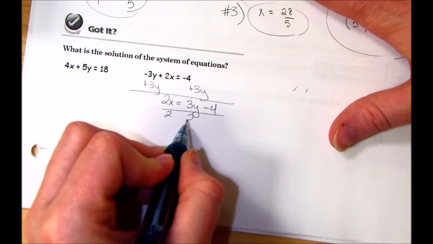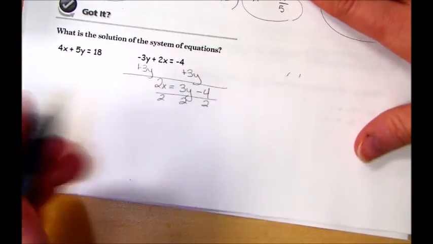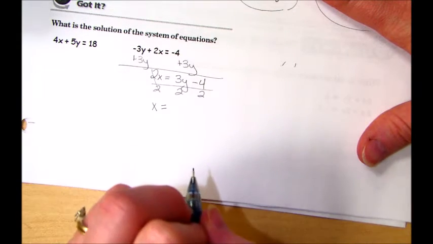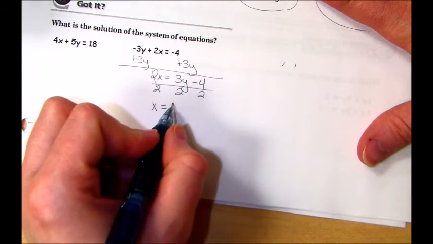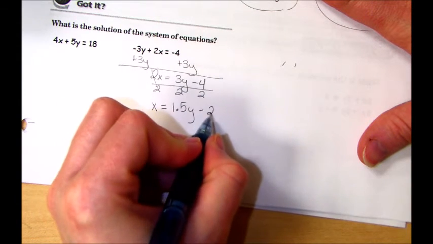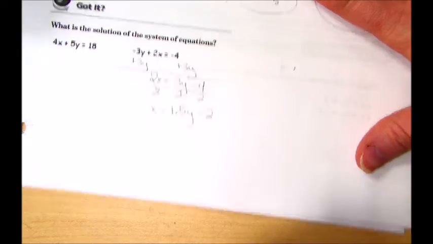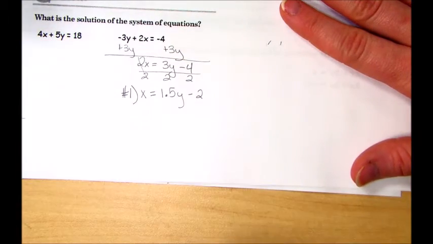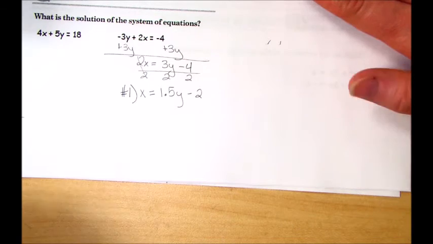I'm going to divide by 2, and because dividing by 2 is a clean-cut decimal, I'm going to allow us to use decimals. So 3 divided by 2 is 1.5y. Negative 4 divided by 2 makes minus 2. I have just done step number 1. I solved for either x or y, and I chose the easiest one. I didn't mind that I had to divide by 2, so I chose x.